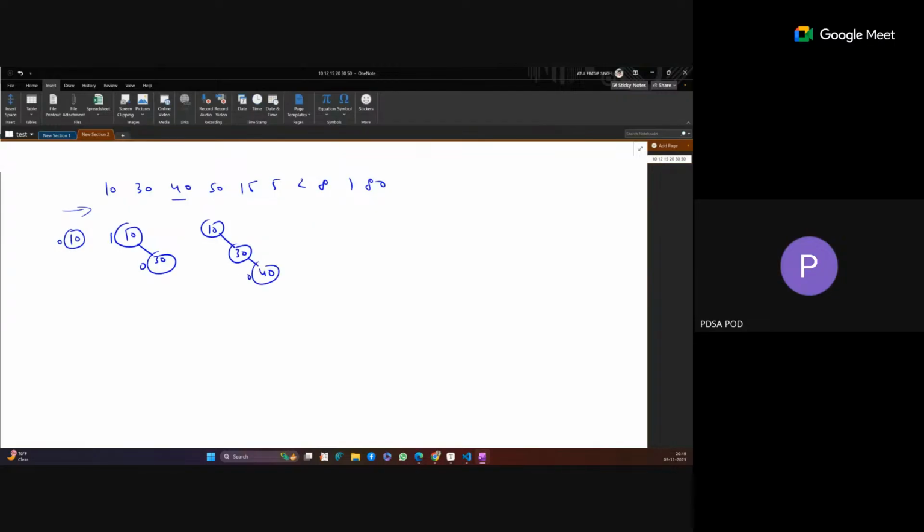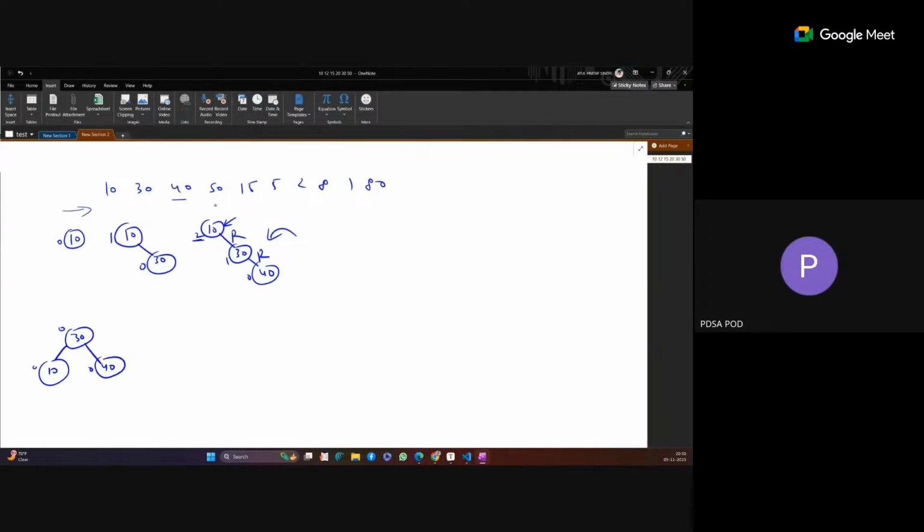So this is 0, this is 1, this is 2. Now we got the 2, so we will apply the rotation here. What type of situation is this? R. So for this position, apply the rotation. After rotation, 30 will come at the top, with 10 and 40. Now the balance factor is 0, 0, 0.